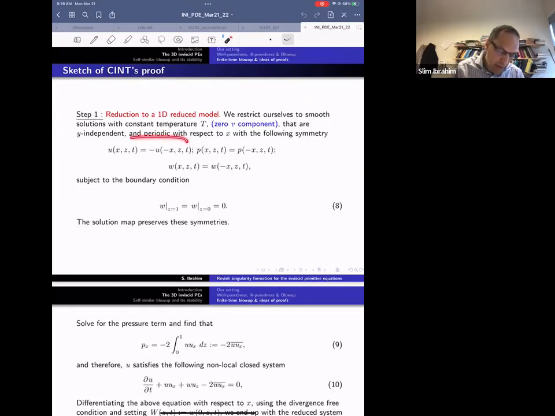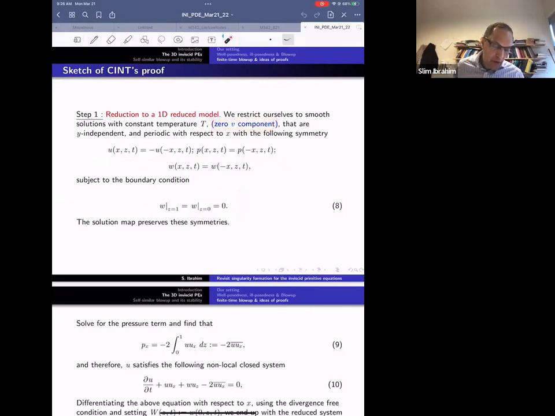So let's look at the odd symmetry in x, and even with respect to the pressure, and even with respect to the vertical velocity. This symmetry, with this physical boundary condition, is preserved by the flow of the primitive equation. And here, let's assume the V component is 0 and it stays 0 for all time.